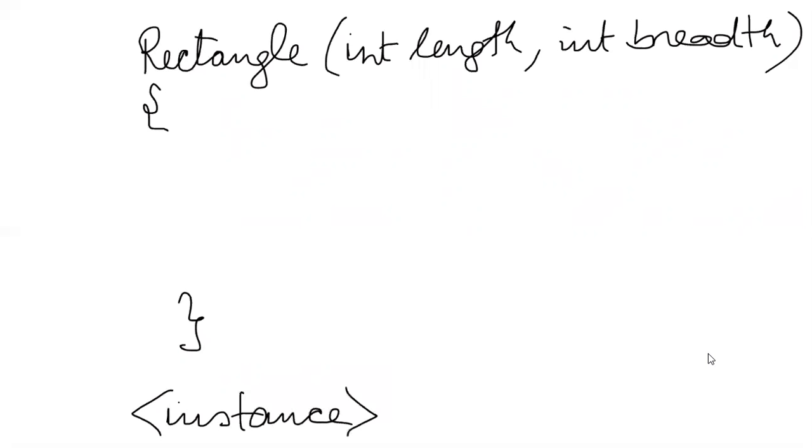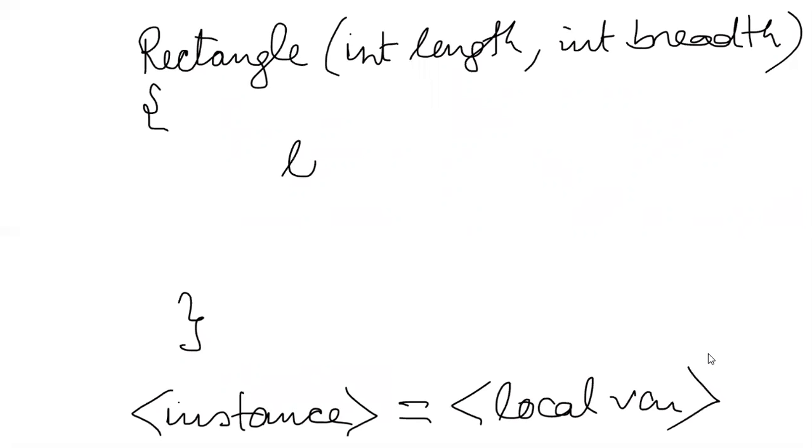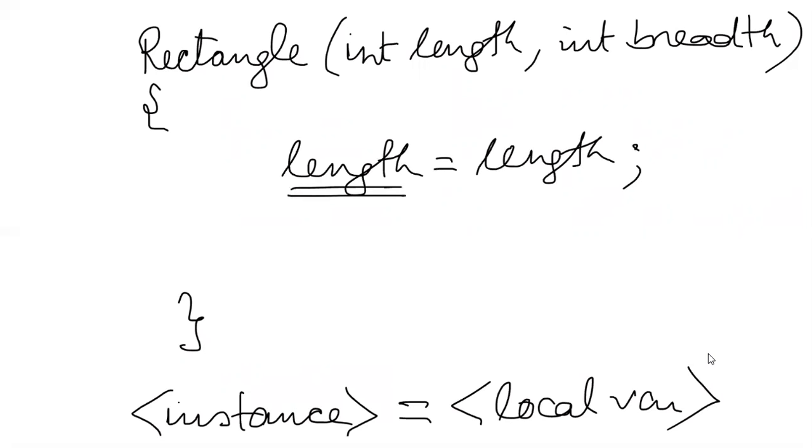We write the instance variable is assigned the value of the local variable. So we will write length is assigned length, okay? But to indicate that this length here is an instance variable, we will write it like this. So we'll use the keyword this to represent it in this manner.